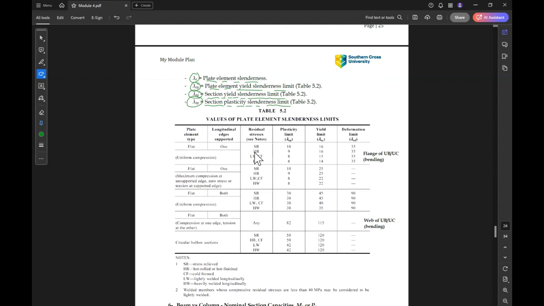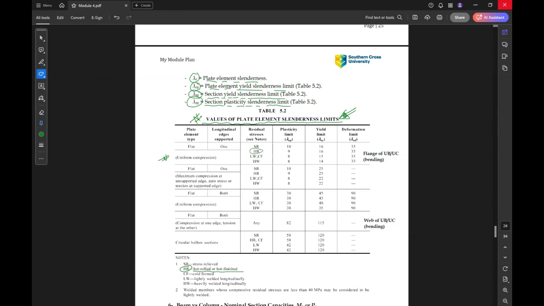Okay, so values of plate element slenderness. This Table 5.2 gives the values of the slenderness limits. For example, for a uniform compression member, we look at HR, the hot rolled section.